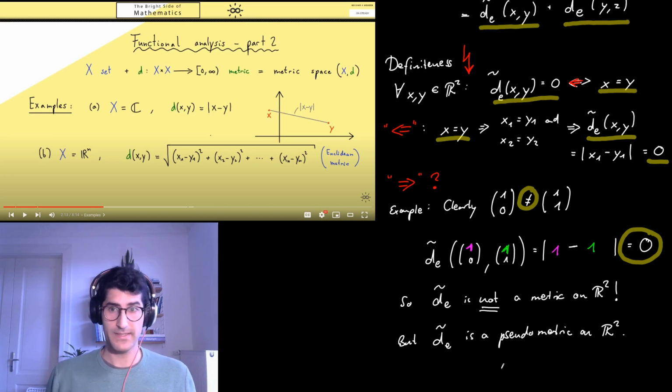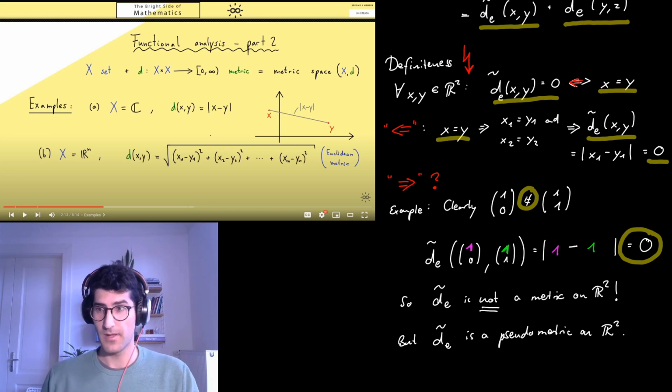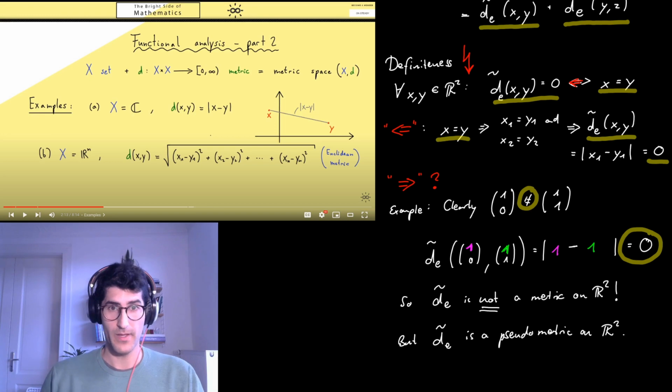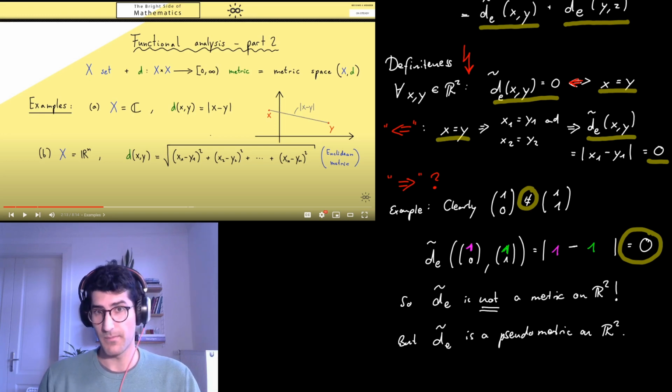And examples like this, yeah, you have seen one easy example, so it comes from ignoring one component that is crucial for differentiating two objects. Another example you may know from your course on measure theory and integration theory is the LP metric on spaces of measurable functions.